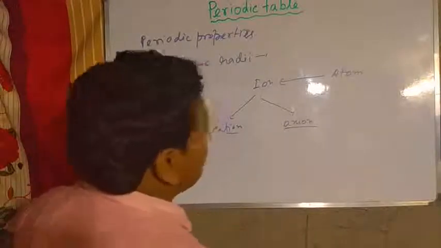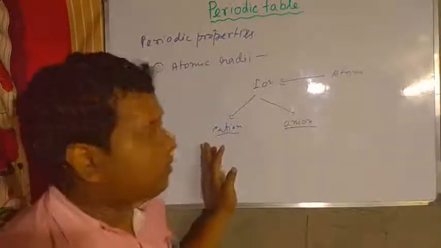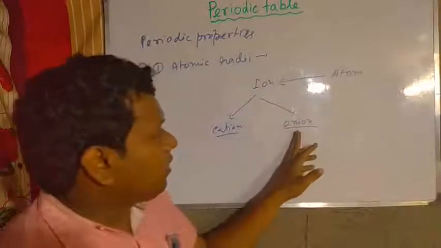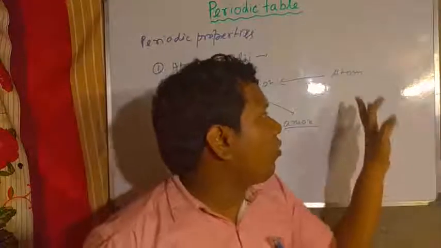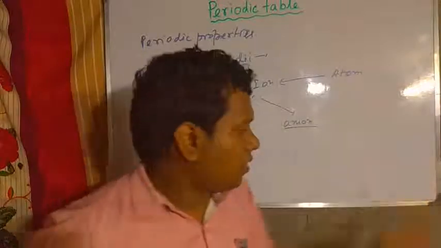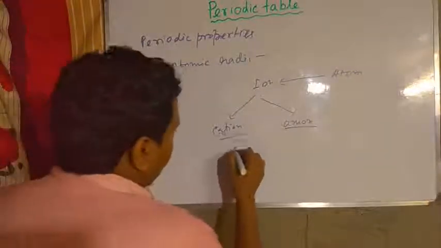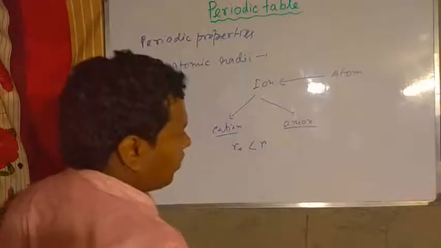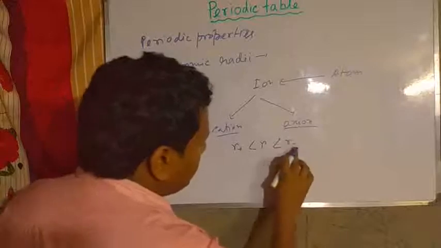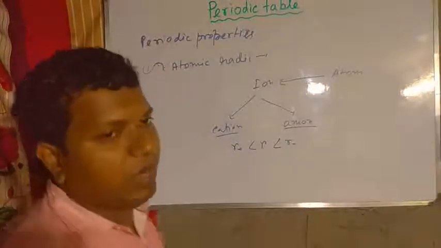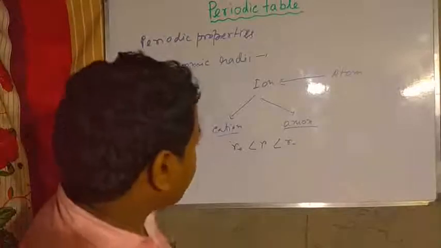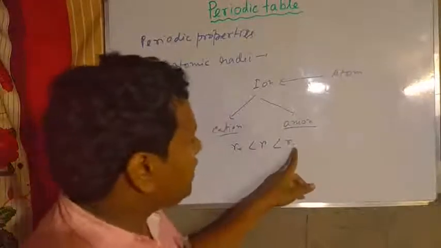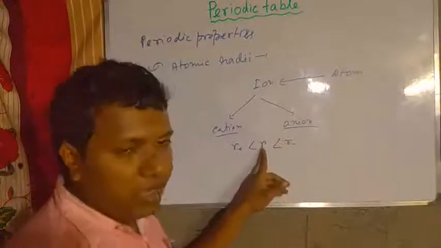Now, what will be the radius of a cation? Is it more than the atom or less? Similarly, will the radius of an anion be more or less than that atom? Generally, the radius of a cation is less than the radius of the atom, but the radius of an anion is greater than that of the atom.